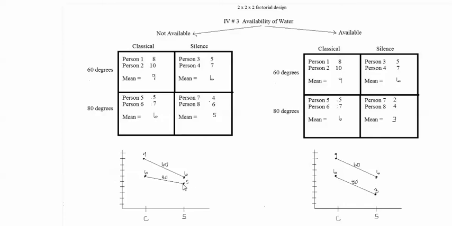And because of that, the classical music no longer helps them as much, because when it's hot, recall only goes up by 1 when you have classical music instead of going up by 3. But when they do have water during the experiment, the hot temperature doesn't affect them anymore. Because of that, when it's 80 degrees, their recall goes up by 3. It goes up just as much as it would if the room had been colder.